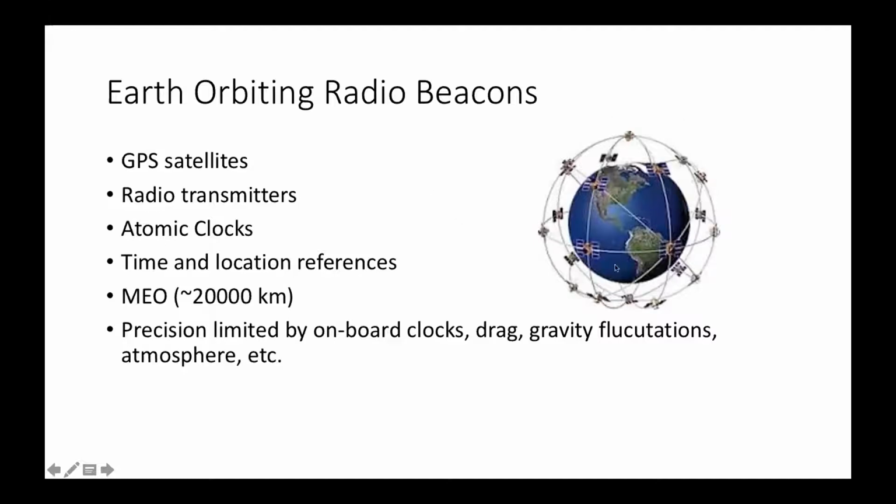This is like the GPS, the Earth orbiting beacons, which are these GPS satellites in medium Earth orbit around 20,000 kilometers, so not quite at GEO. And these have these radio transmitters and onboard atomic clocks. And their precision is limited by the onboard clocks and atmospheric drag and also gravity fluctuations.